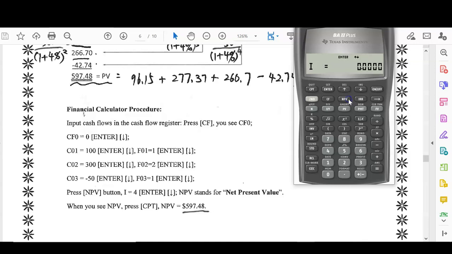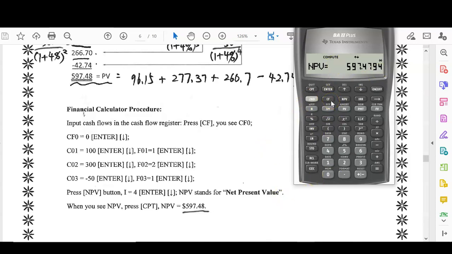I press NPV. I see I, so I input 4%, or I just input 4, enter, as my interest rate. Down button. I see NPV here and the compute instruction. I press compute. It tells me the net present value, 597.4794, as the present value of this uneven cash flow.